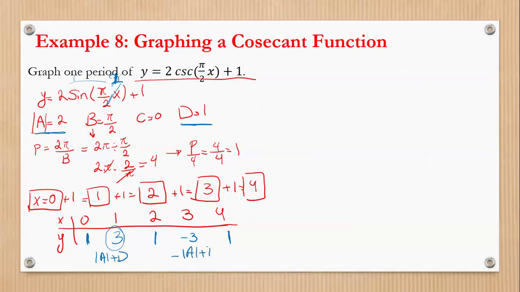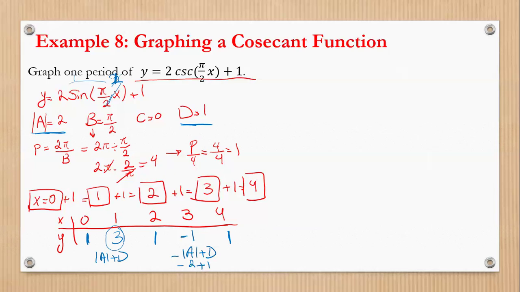So negative a means negative 2 plus d, which is 1, and the answer is negative 1, because the whole function is going up by 1. That's why we don't have the same number for the min and max, because we have a vertical shift.